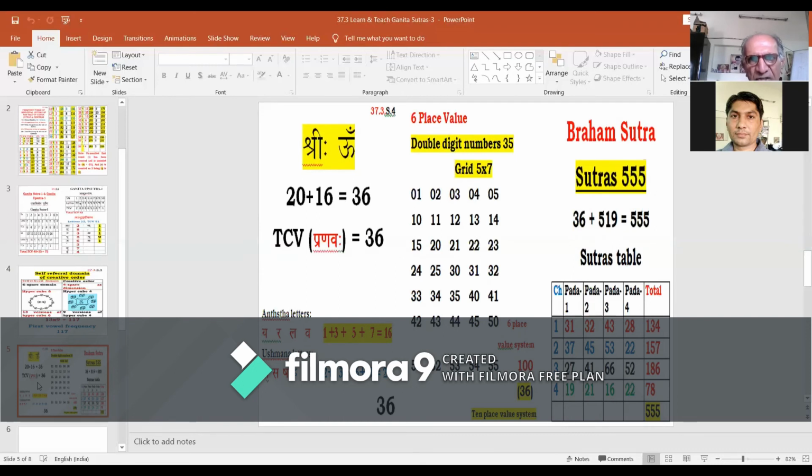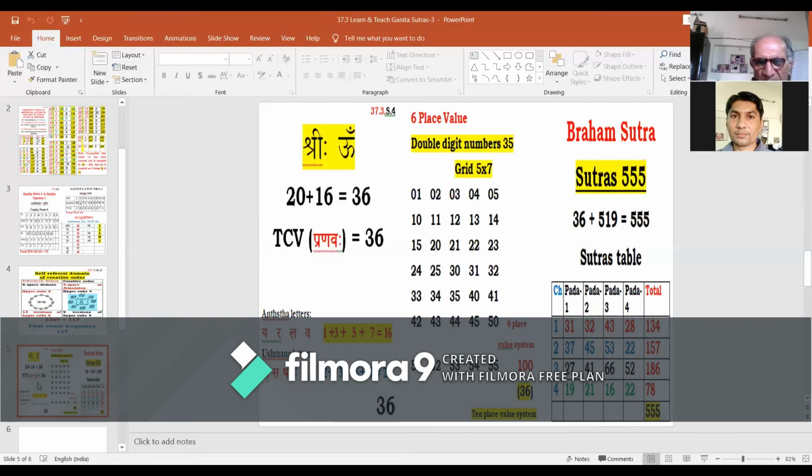The fourth is that if we have a 6-place value system, then the double digit numbers of the place value system are going to be 35. These 35 double digit numbers of the 6-place value system are accommodated by a 5 cross 7 grid, and they are being tabulated here.